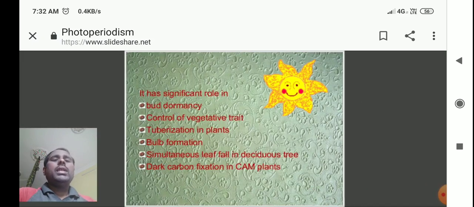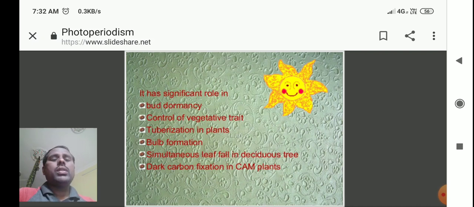Photoperiodism has a significant role in plants, for example bud dormancy, control of vegetative traits, tuberization, bulb formation, and stimulation of leaf fall in deciduous trees, especially in this season.